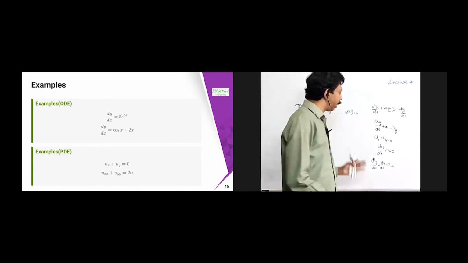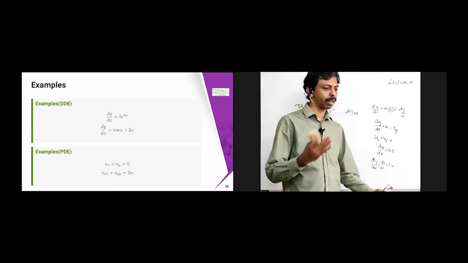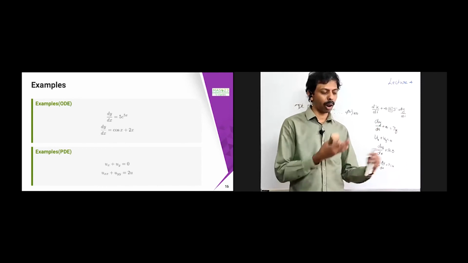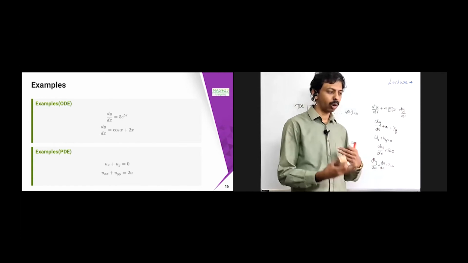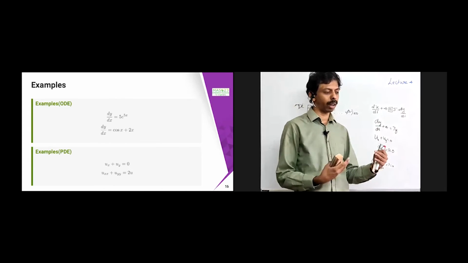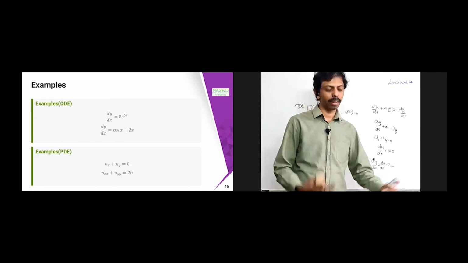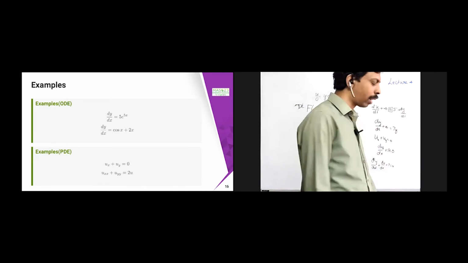In that case you have to deal with the partial differential equation, because you can keep one variable constant and study, or keep another constant and study. So you can convert the PDE to an ODE and then solve it also. That is also possible. These are the things which you need to understand.